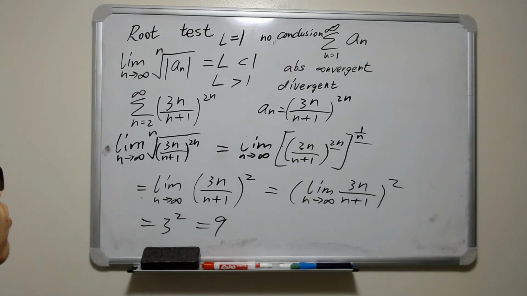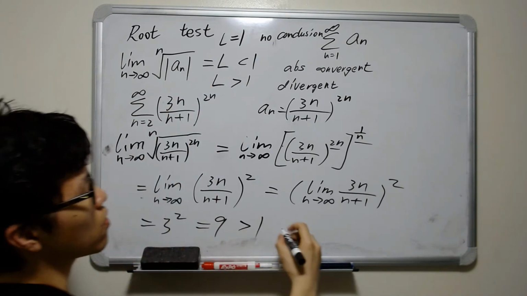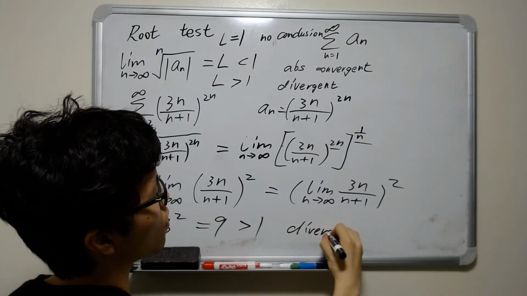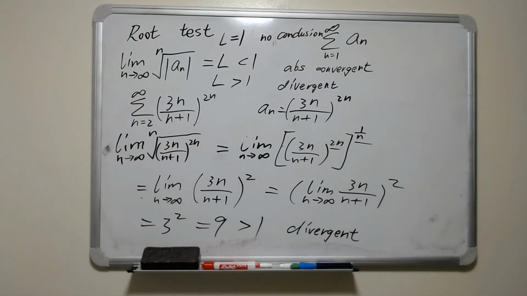So we get the root is 9, which is greater than 1, which means this series is divergent. Okay, so this is a simple example for the root test.